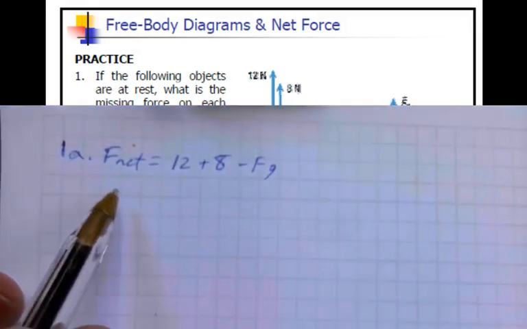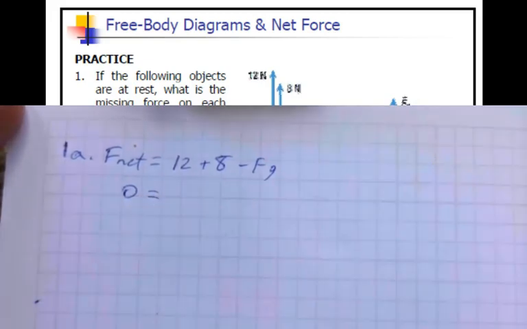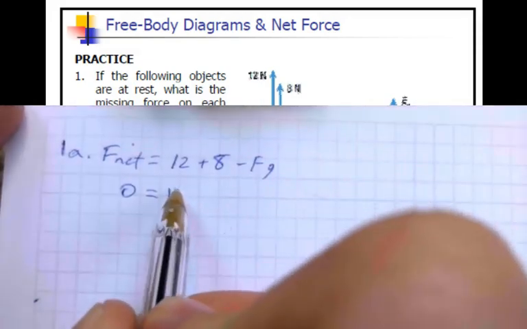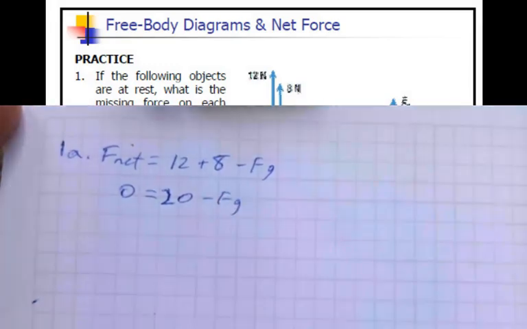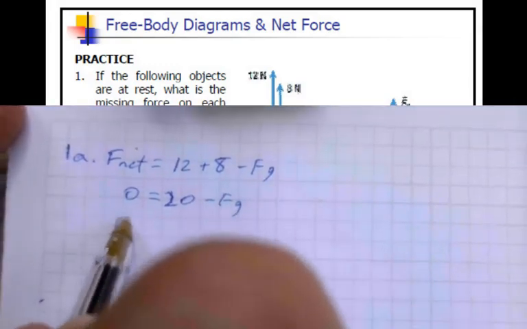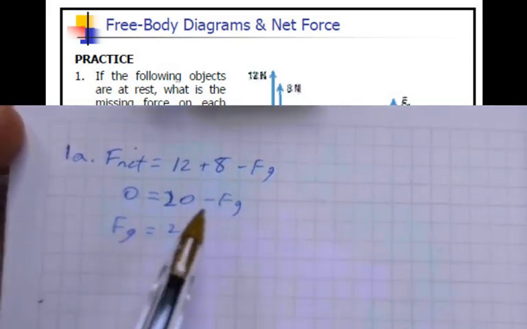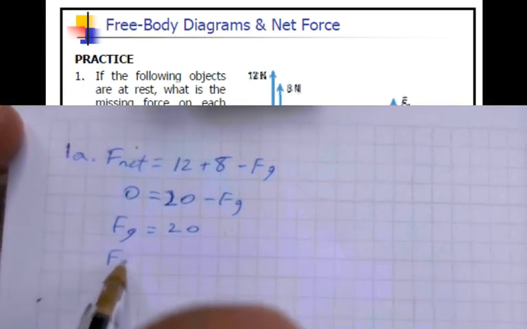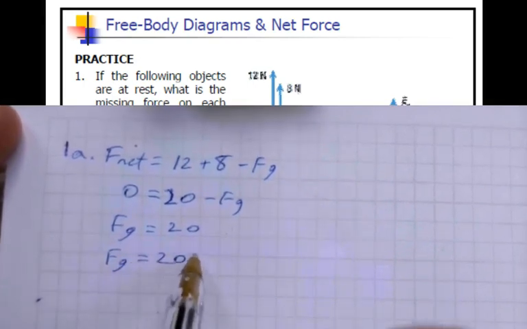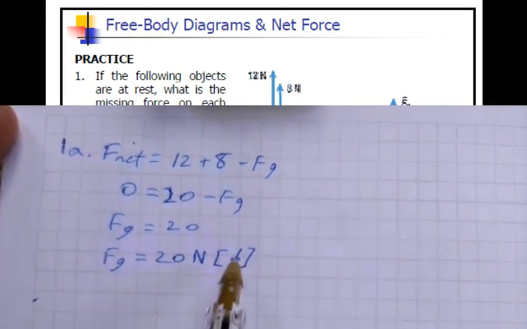And we know that this F net is 0 because that's defined in the question. So we have 0 equals, well, I guess this would be 20 minus Fg. So when we move the Fg to the other side, we have 20. And we set this as down from the start. So now we have to write our answer with a direction, 20 newtons down. And I use an arrow for down.